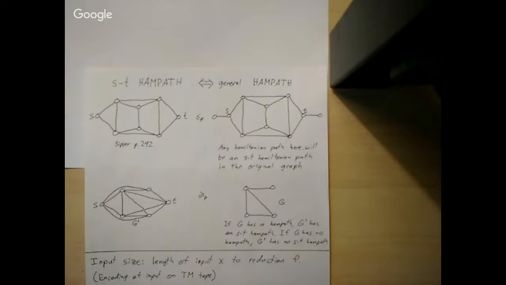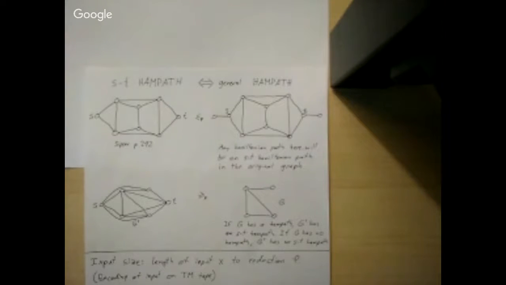Now, the specific question was that the problem, as stated in the problem set, said that the Hamiltonian path problem is NP complete or NP hard, I forget which it said, but it doesn't matter because we're just reducing that to Hamiltonian cycle to prove that that is NP hard.